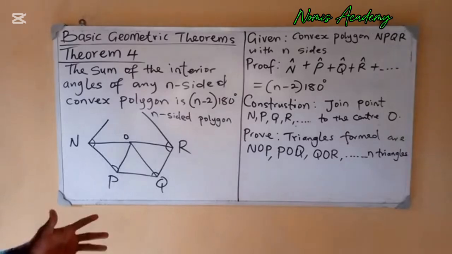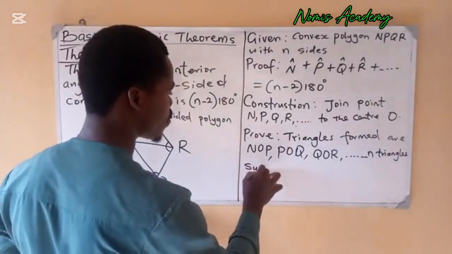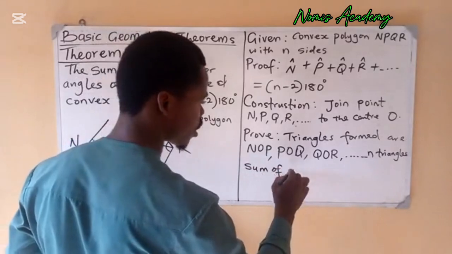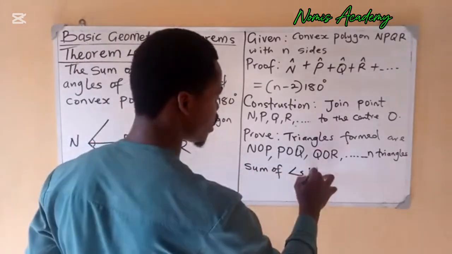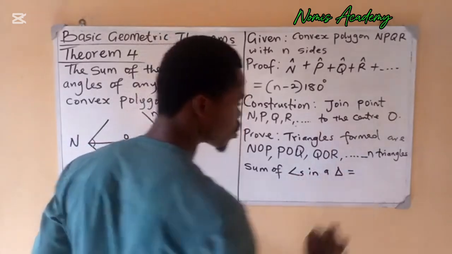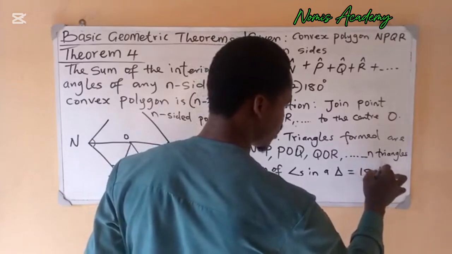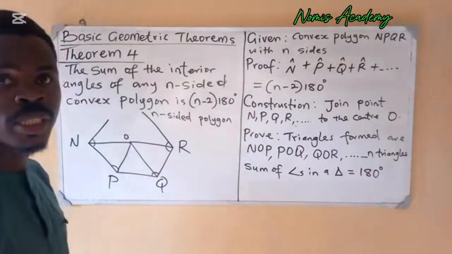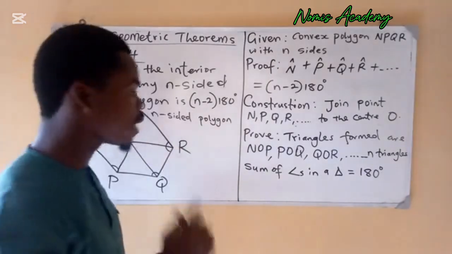So now let's start picking them one by one. Sum of angles in a triangle is equal to 180 degrees. We know this from the first theorem we explained, that's Theorem 1.